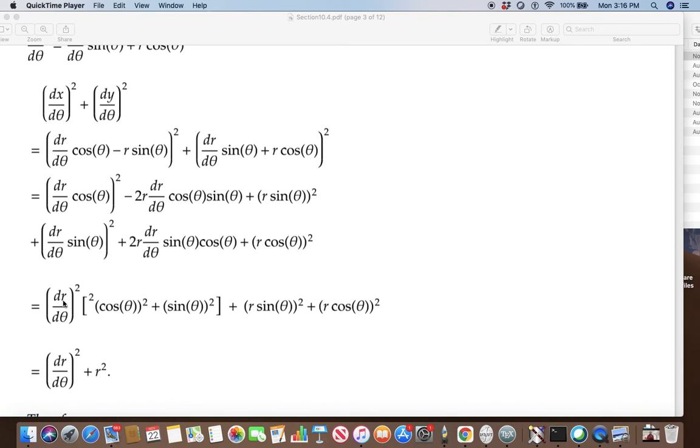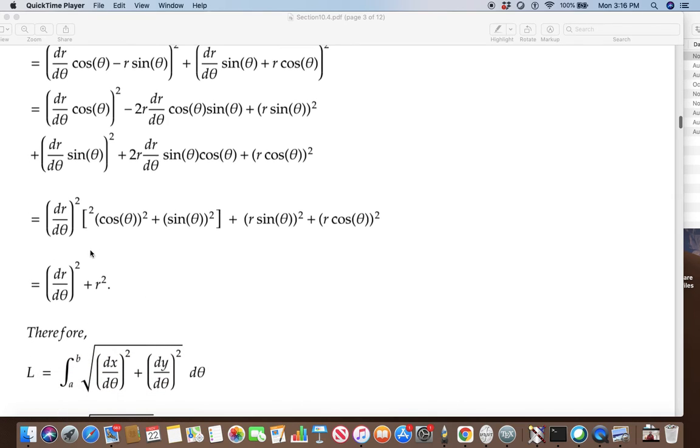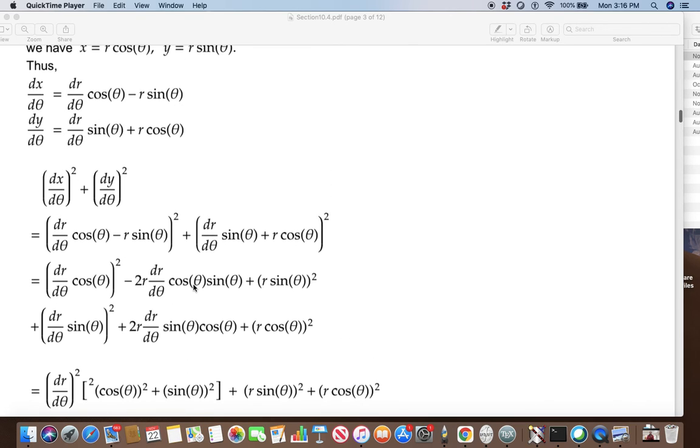These two get me dr d theta squared times cosine squared plus sine squared. And here I get r squared times sine squared theta plus cosine squared theta. So essentially this is 1, and likewise sine squared plus cosine squared is 1. I have r squared. So what's the point?